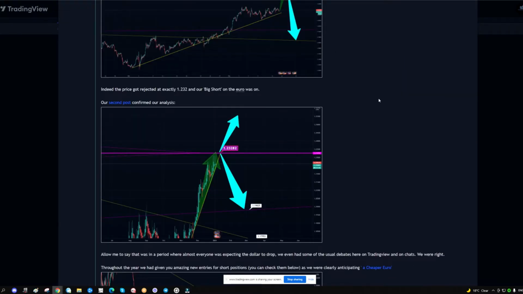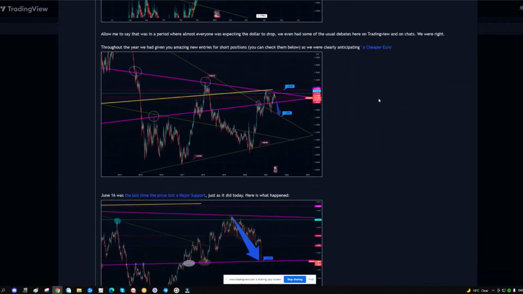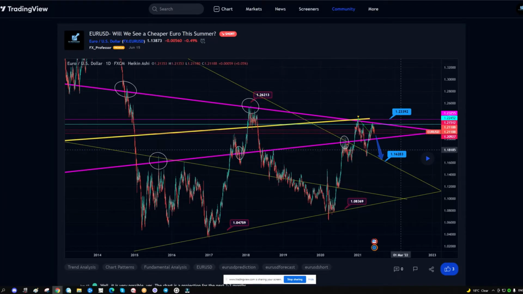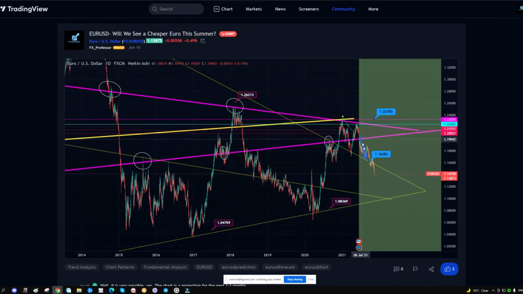So obviously, although we're not using moving averages and Fibonacci or all kinds of sophisticated exercises, we do have a very clear understanding of where the price can go, because at the same time we understand the fundamentals.